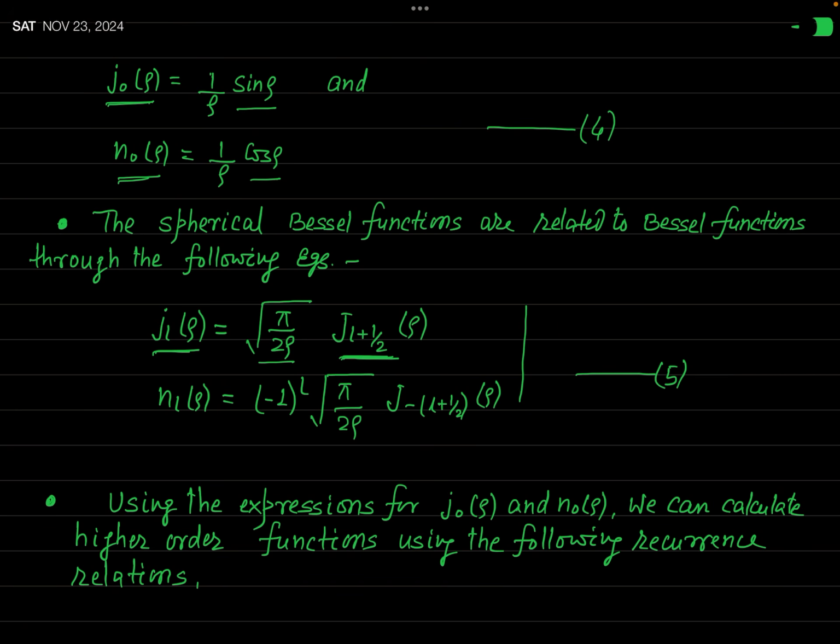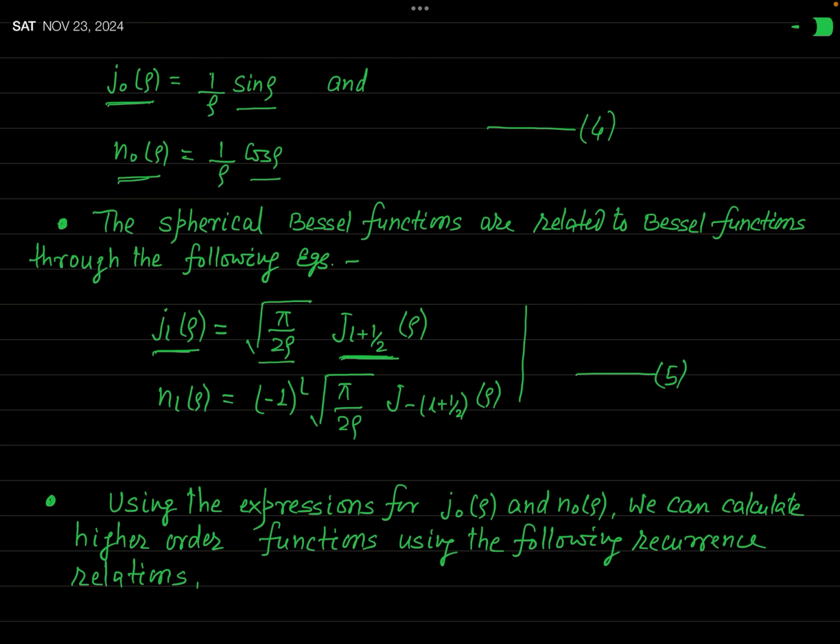I have written this result directly without any proof, because in the beginning of my video I told you that our aim is only to know some of the facts which will be needed. Our aim is not to deal with the problem of Bessel functions in great detail. That is the subject matter of our course in mathematical physics, and for that you can watch my videos.